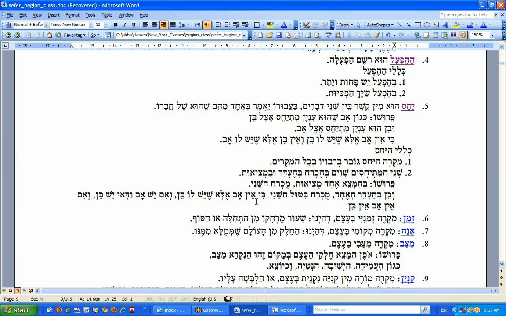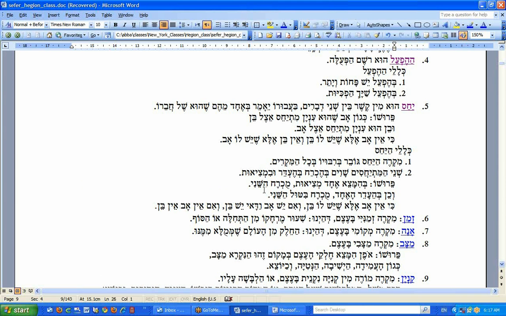V'chein beheder echad muchrach bitul hasheni. If we say that this person is not a father, so we know that he has no children. If we say he's not a son, so there are no sons, meaning men and women, so there'd be no father. Ki ein av ela sheyesh lo ben, ve'im yesh av vadai ben.